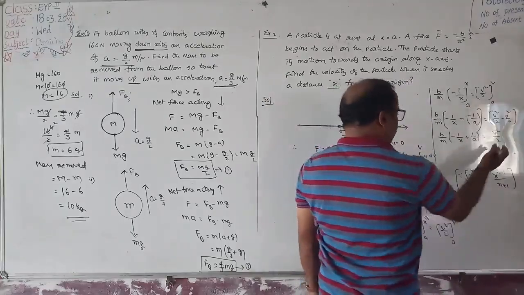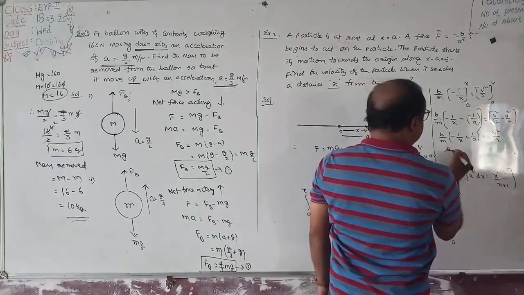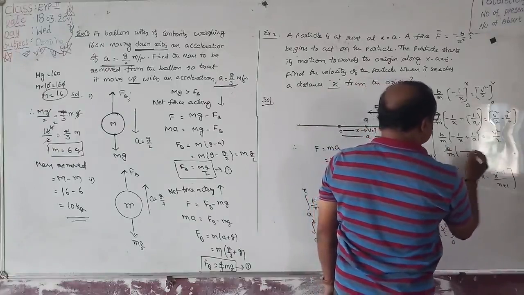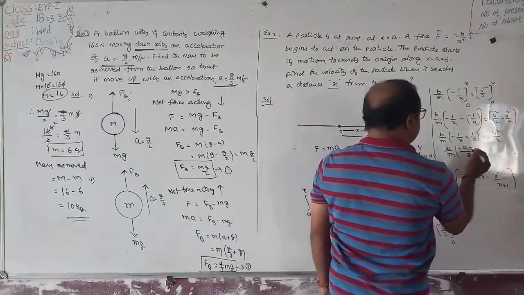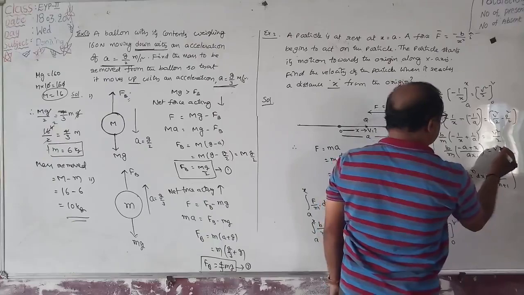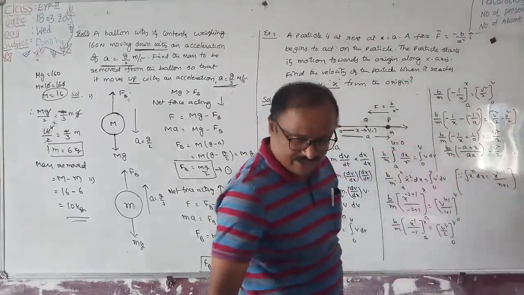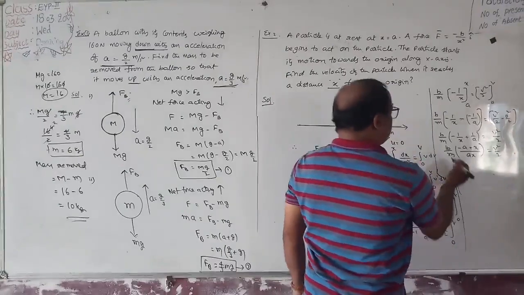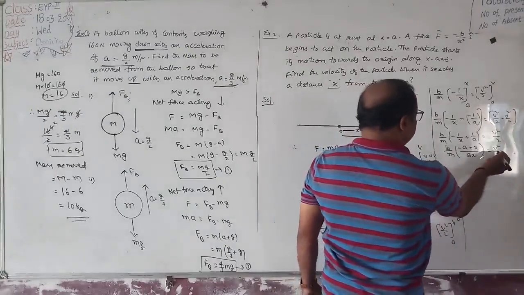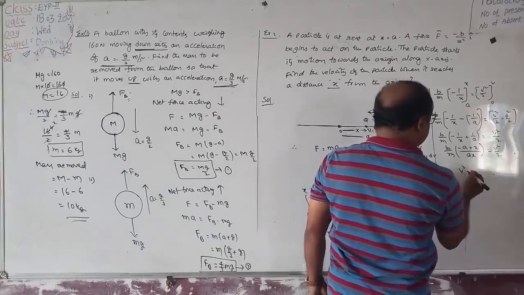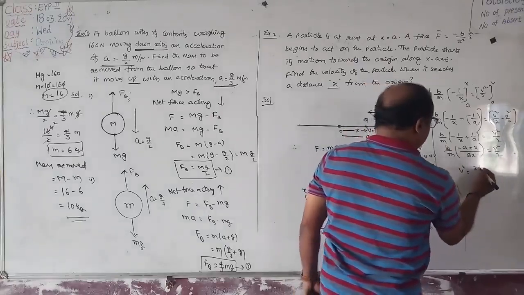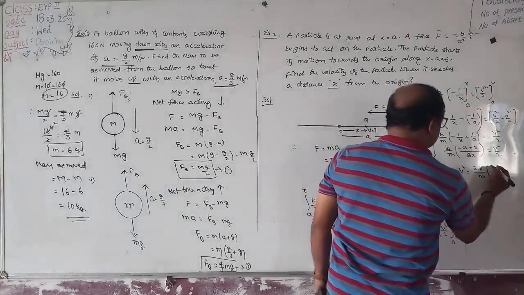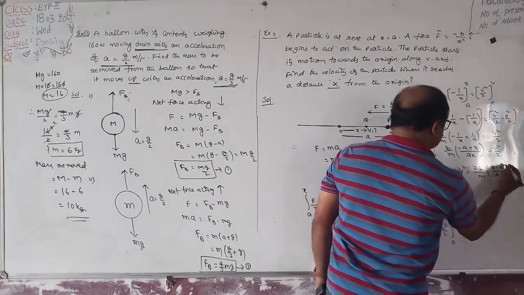Okay, from this b by m into, what is the LCM here, ax. So minus a plus x is equal to v square by 2. Next here, b by m into, the value we need is v square, so we need v square. If we bring the 2 over, we get 2b by m into, here this can be written as x minus a by ax, right?